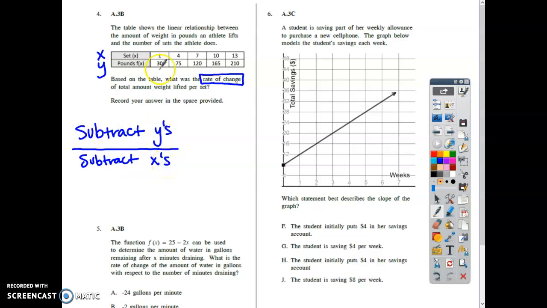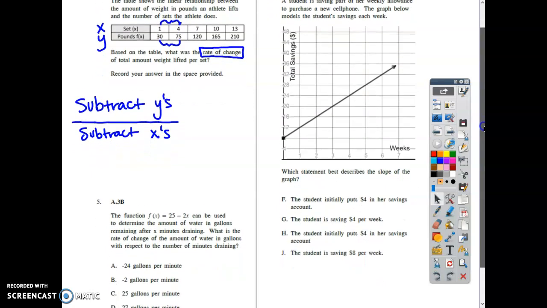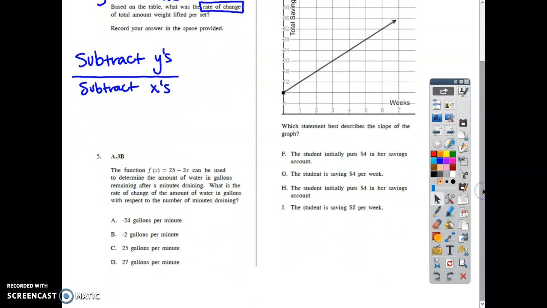So you're going to subtract these two, and divide those numbers. Okay? And that's how you're going to put your answer in for number 4. Pause the video so you can subtract that in decimals. Subtract the Y's, 30 minus 75, subtract the X's, 1 minus 4, and divide those two numbers. The Y always goes on top of the X.